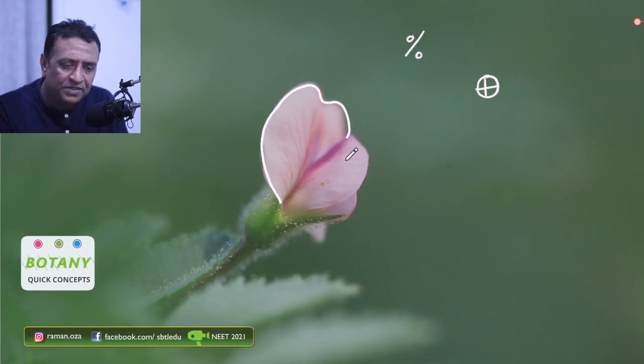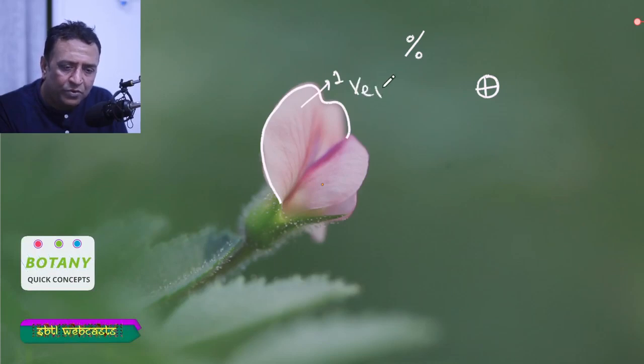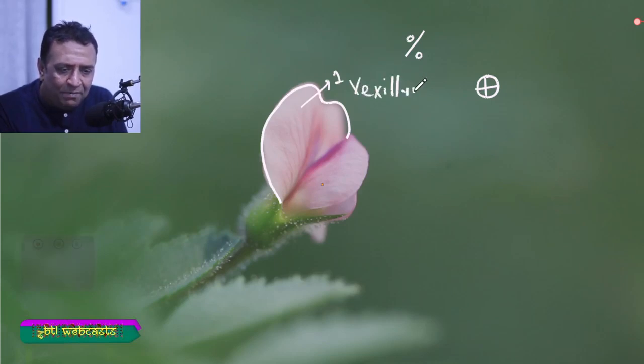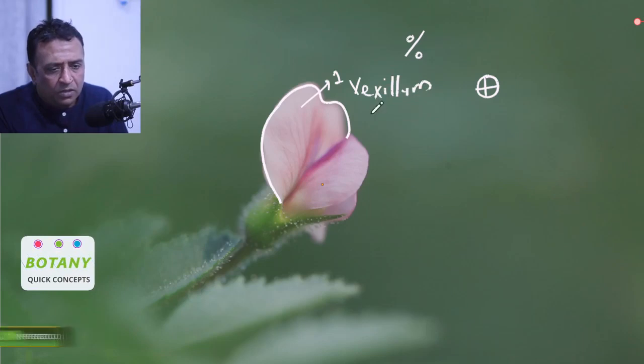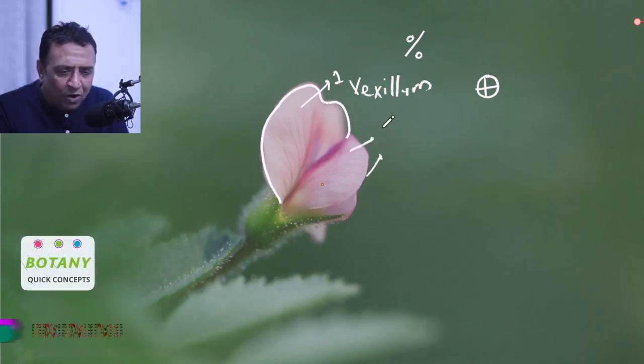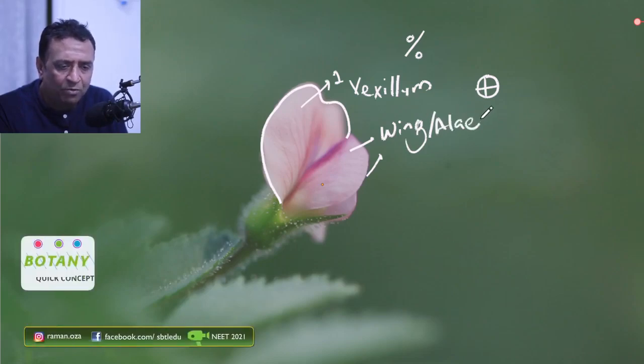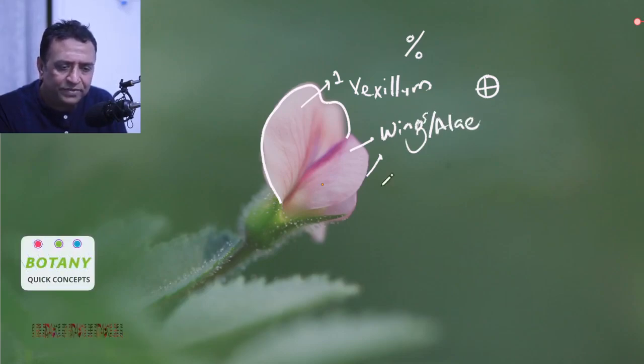Here petals are arranged in three rows. This is the first one. This is a single largest petal, and that is called vexillum. Second is a paired petal, and that is called wing, or it is also called ala, or plural alae, wings.